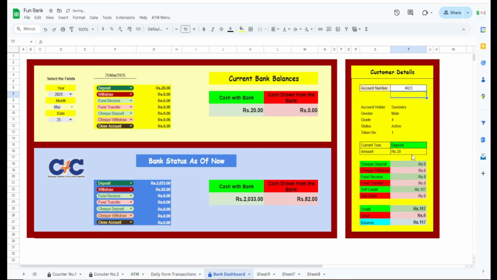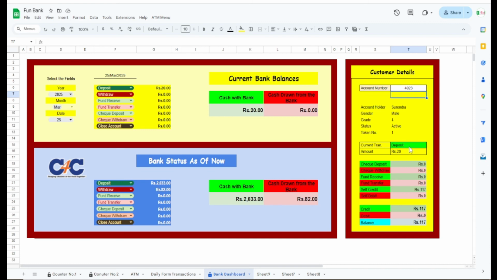Here it will also show the current transaction, whether it is a deposit or a withdrawal. If it is a deposit, it will show in green.